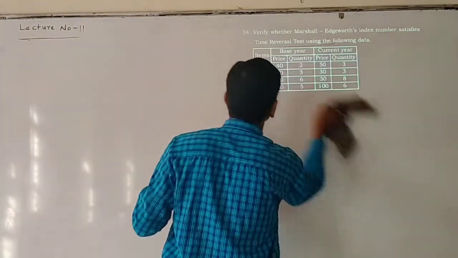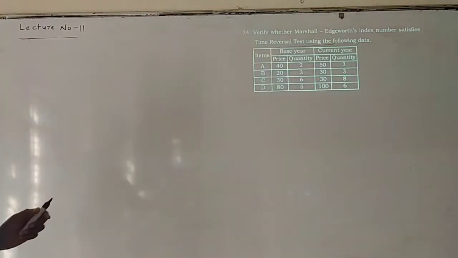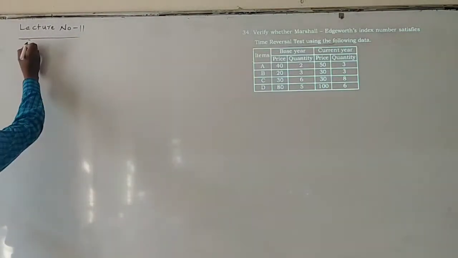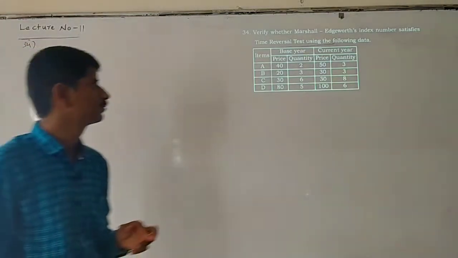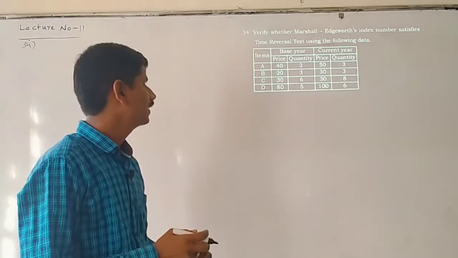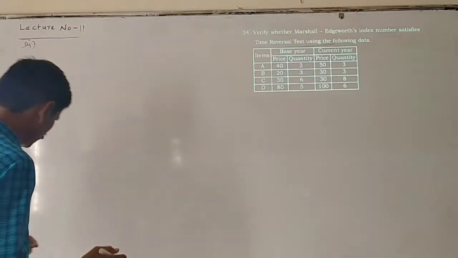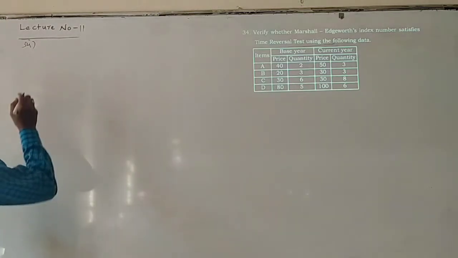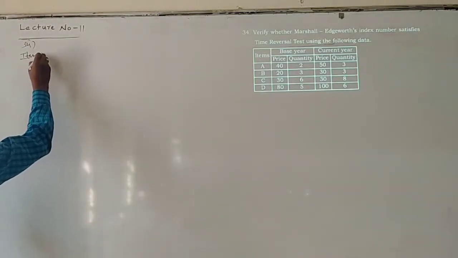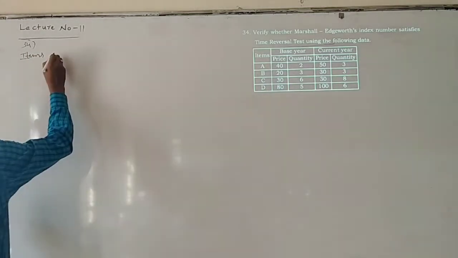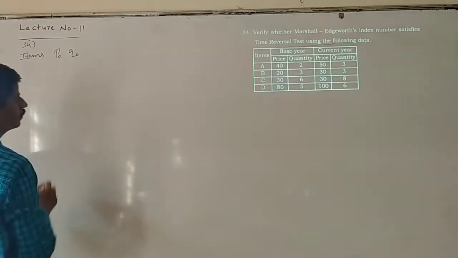Okay, here they are given items, base year, current year. Base year price, base year quantity, current year price, and current year quantity. First, we have to write the given table, that is items, base year price is P0 and base year quantity is Q0.